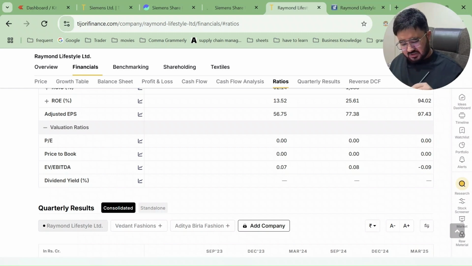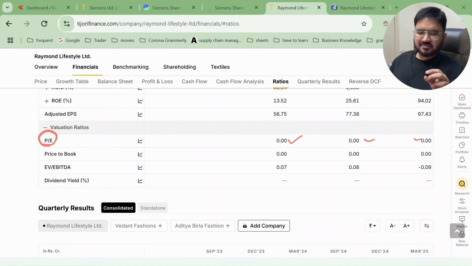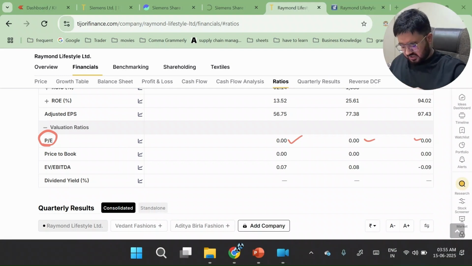If you could see, here price to earnings and equity is 0, right? When a company is in losses, price to earnings cannot be calculated because there is no earnings. When the denominator is zero, the whole thing is null and void, right? So let's go back to our slides.